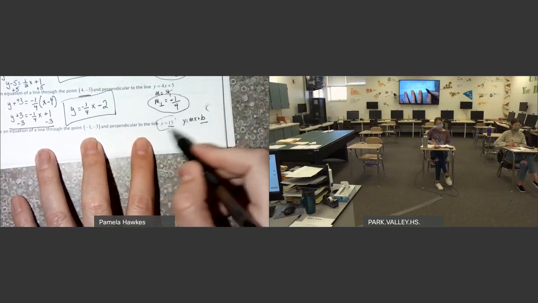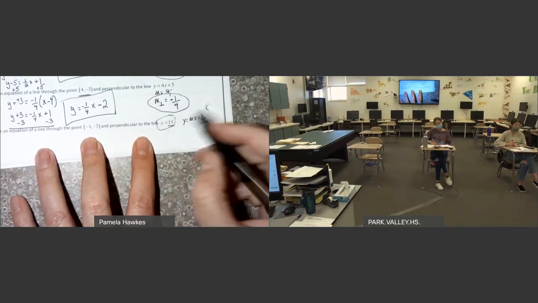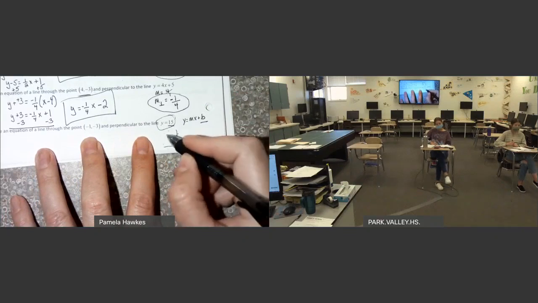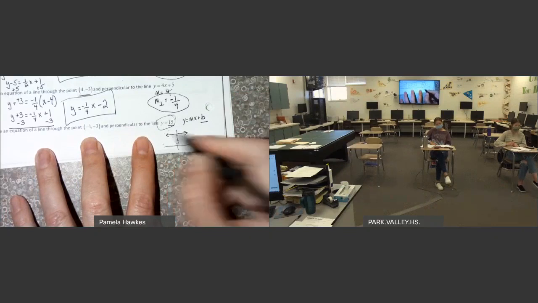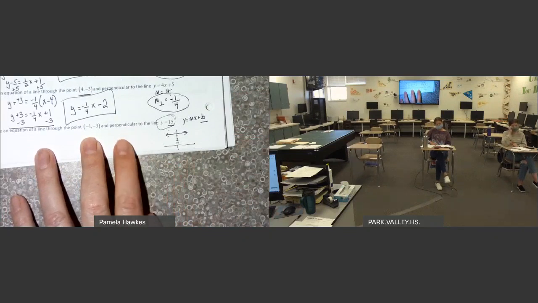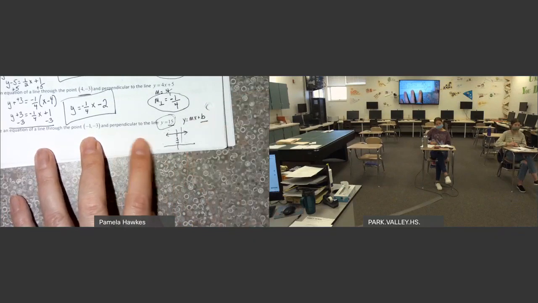So what does this line look like? Do you know? It goes up here 15 and draws it across like this, right? It's a horizontal line of 15. If I want something that's perpendicular to a horizontal line, what's it going to be? A vertical line. So it's going to be something like this line, right?